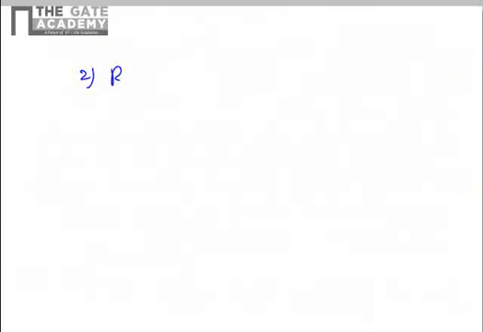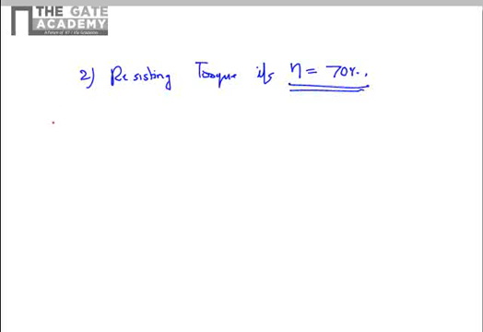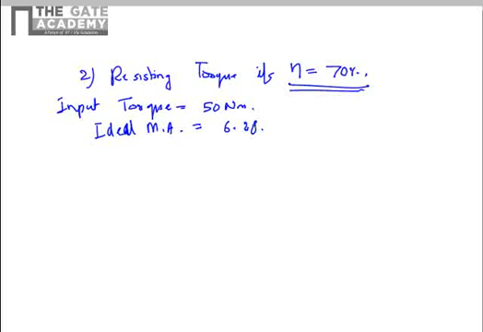Now for the second part of the problem, which is asking about the resisting torque if the efficiency is 70%. The input torque is given. The value of input torque is 50 Newton meter. We know the value of ideal mechanical advantage from part 1 of the problem, that was equal to 6.28.